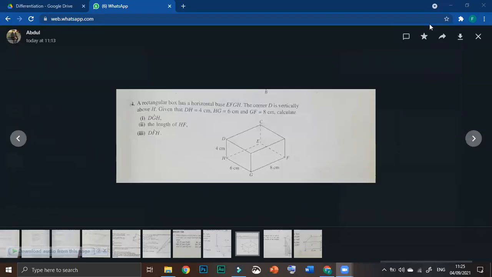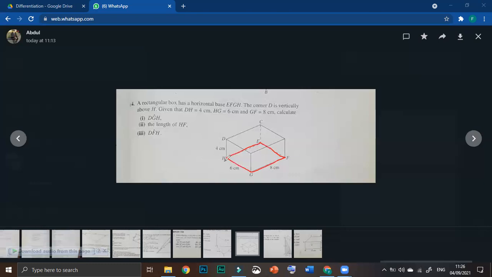In question number 4, a rectangular box has a horizontal base EFGH. This one is the horizontal base EFGH. This one is the floor of your room.